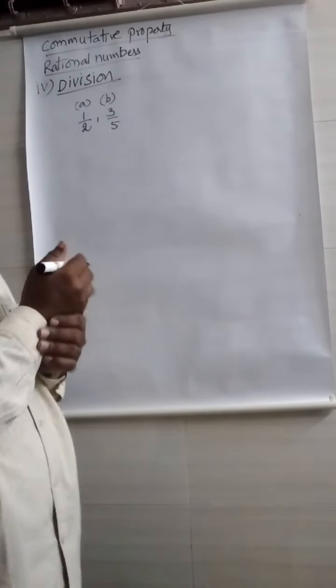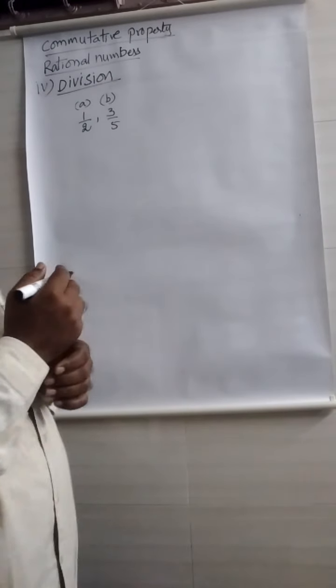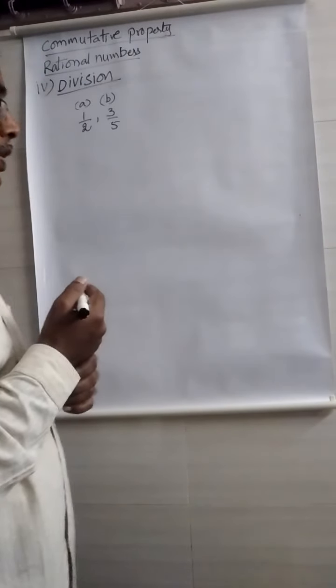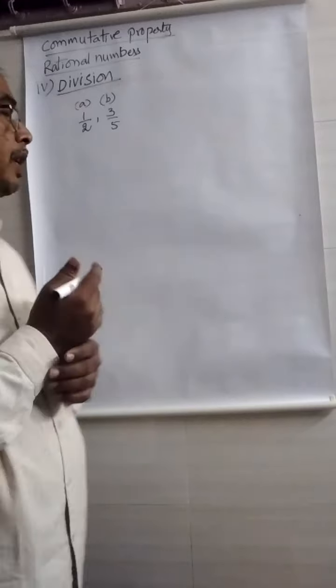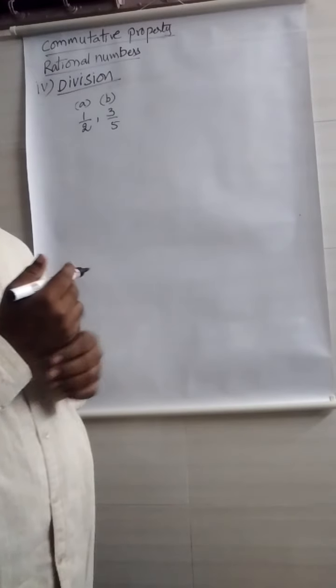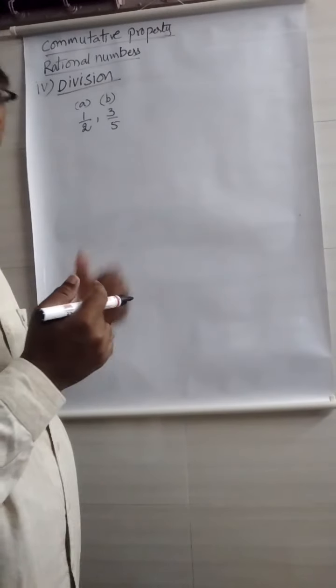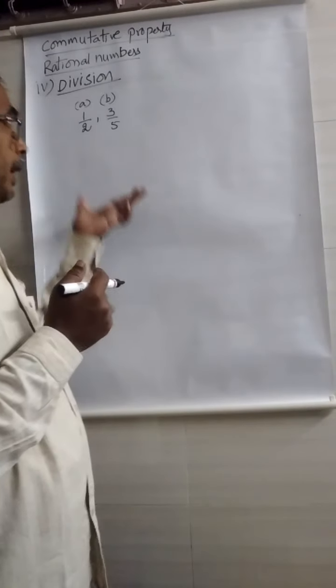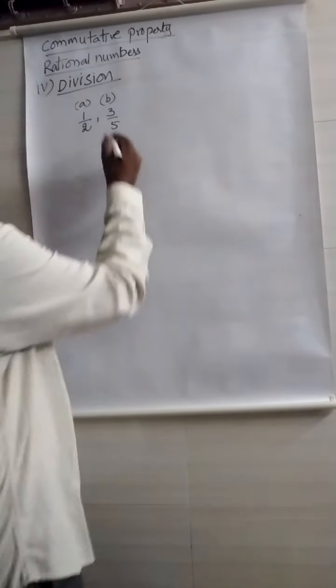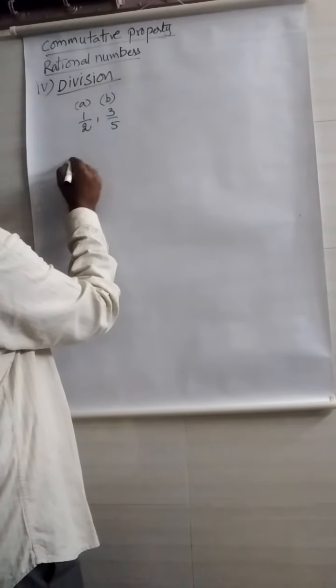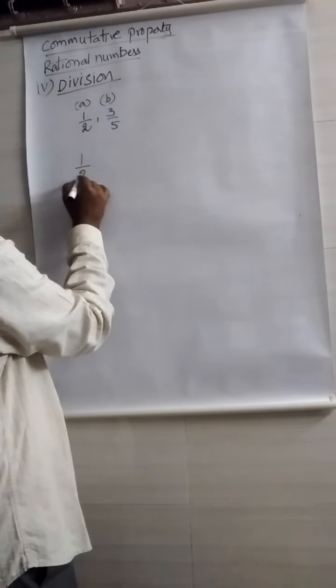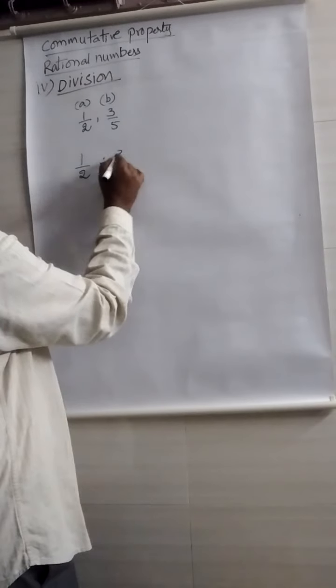Here now we go to the fourth binary operation, fundamental operation, that is division. Under division we may check whether the rational numbers satisfy the commutative property or not. I take 1 by 2 and 3 by 5, both are rational numbers. First I write the first case, 1 by 2 divided by 3 by 5.